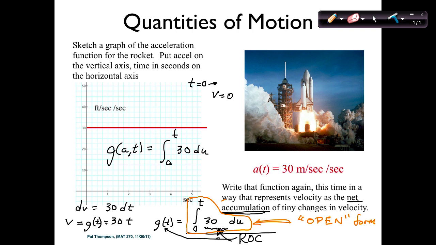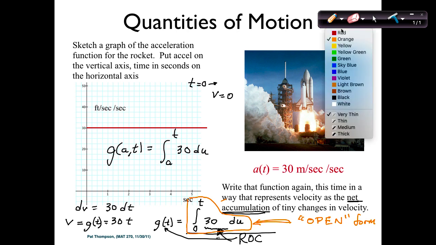We'd have to define the function as an integral function, use function notation, and let GC do the work. So it doesn't readily give us values of the dependent variable, in this case velocity. So open form reflects the process and the meaning, but it doesn't spit out values easily. We need technology to do it.